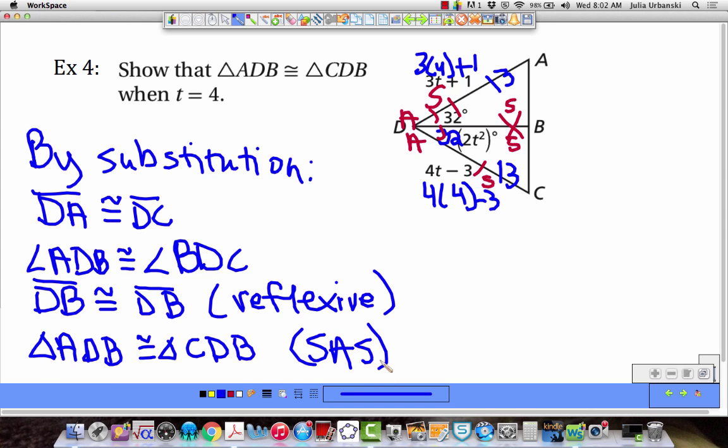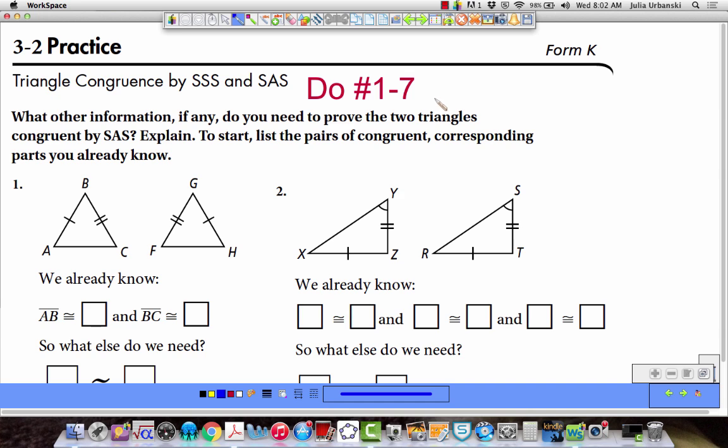All right, so turn the page and do practice 3-2 for about 10 minutes while I stamp your homework, and then I'll get that back to you. But I want you to try this on your own. I want you to skip the bottom and just cross it off. I want you to only do 1 through 7. Okay, cross off number 8. So find the parts that go together.